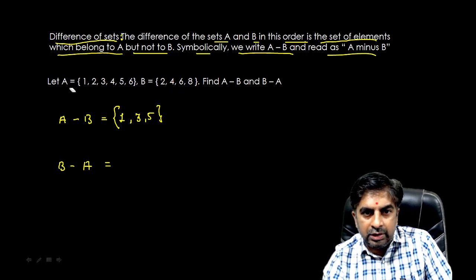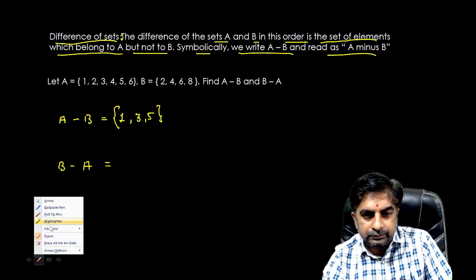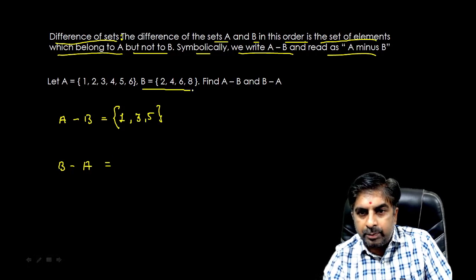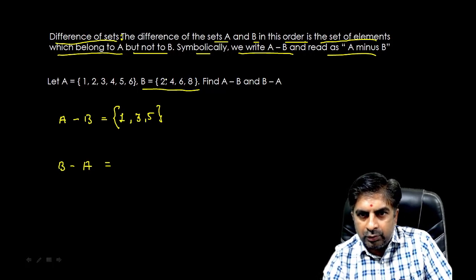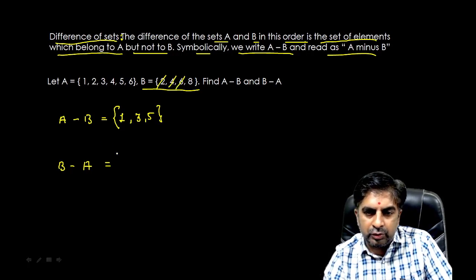Let me show. Now your main term, guys, is B. This is your main term, so you need to subtract from this whatever you see. 2, so subtract 2 already here. 4 also subtract, 6, so only remaining, so here your answer will be 8.